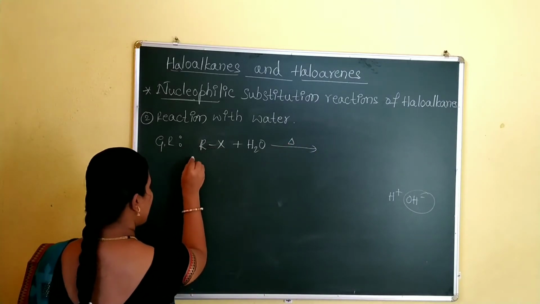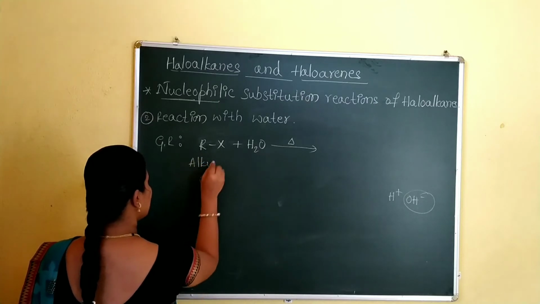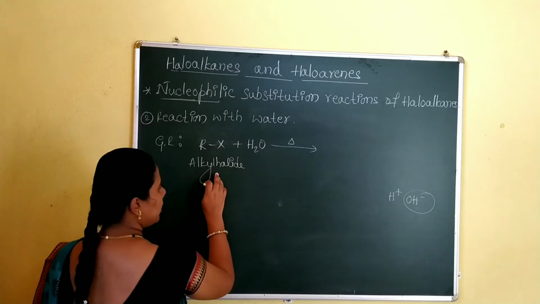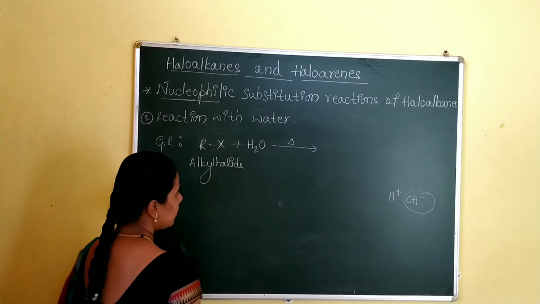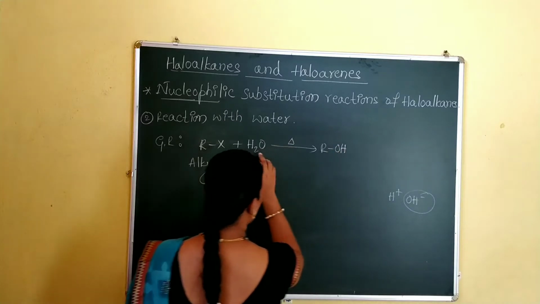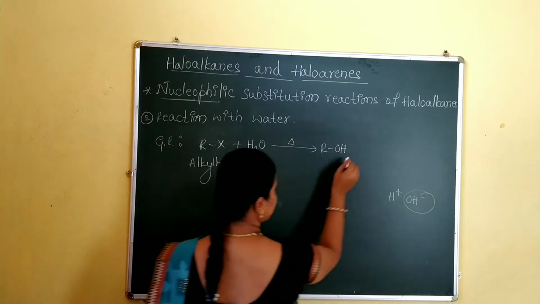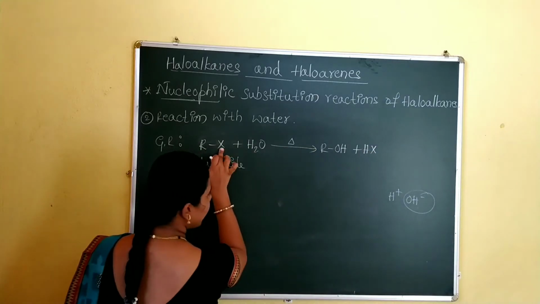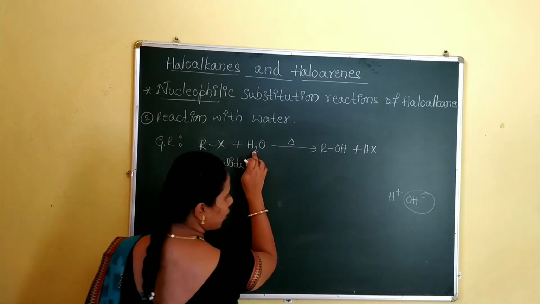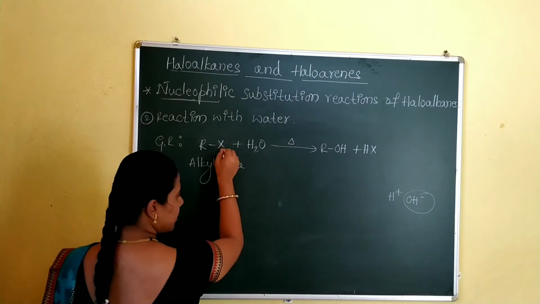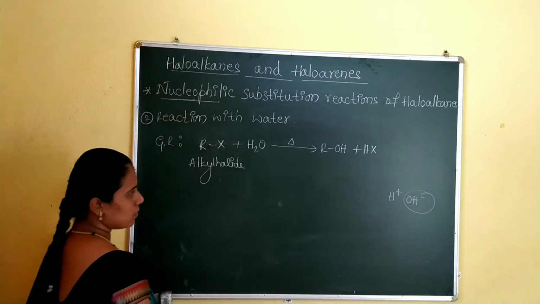When an alkyl halide is boiled with water, alcohols are formed. ROH and HX. OH minus is the nucleophile which replaces this halide group. Therefore, it forms alcohol.